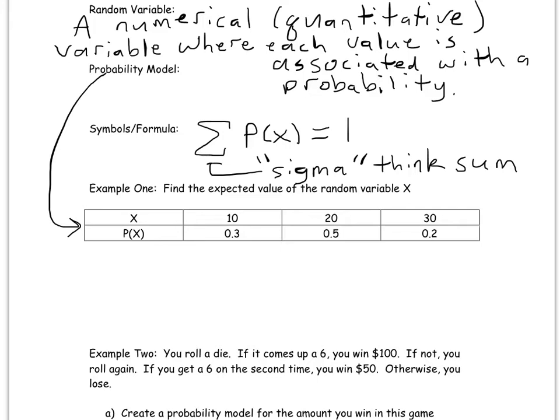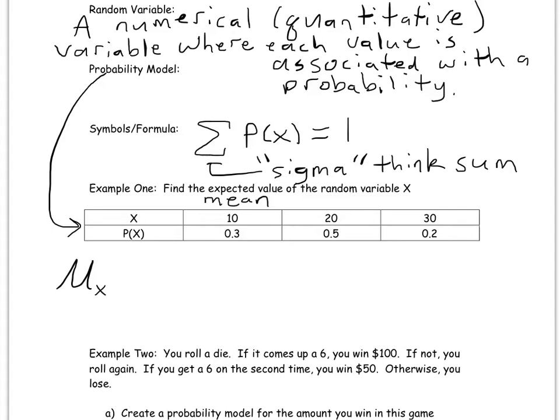Great. So, example 1 asks us to find the expected value. The expected value is just a fancy way of saying the mean, or the average, of the random variable. So the notation for that is the Greek letter mu.